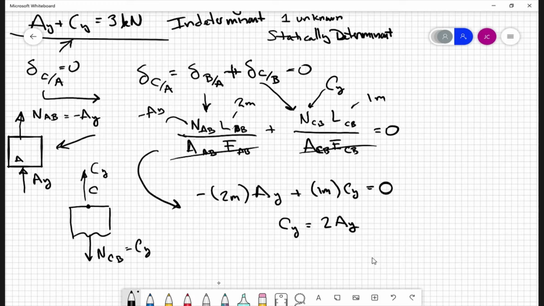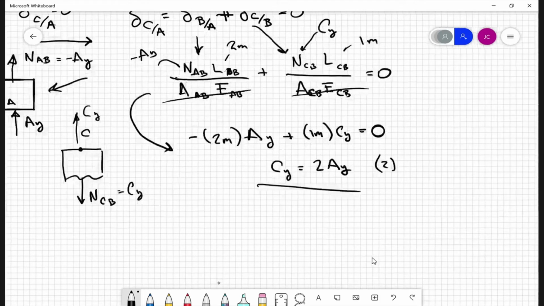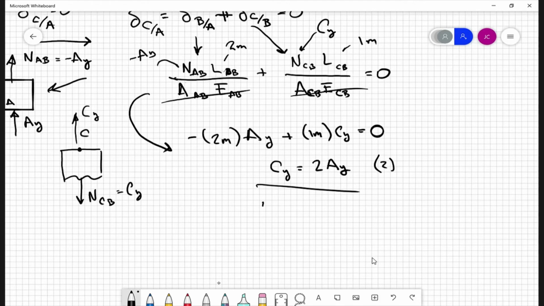Okay, that's still 2 unknowns, but now I've got a second equation. So I've got this equation 2 that comes from the compatibility condition. And we also had our equation of equilibrium. Right, that was my first equation.